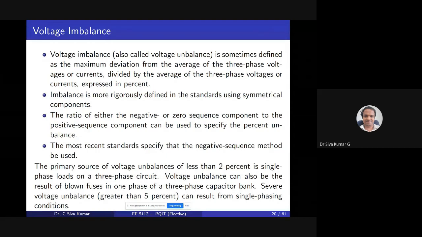Generally in a system, the allowed voltage unbalance factor is less than 3% only. We will not allow the voltage unbalance more than 3%.